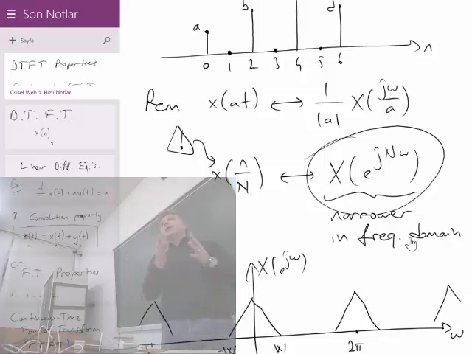It becomes 4 pi periodic. If it is omega over 3 for a downsampling by a factor of 3, then it would be 6 pi periodic. So that's a problem because if it is 4 pi periodic in the Fourier domain or 6 pi periodic, whatever, N times 2 pi periodic, in other words, then it's not 2 pi periodic anymore, which means that the Fourier transform is not that one, and it's not as simple as that.